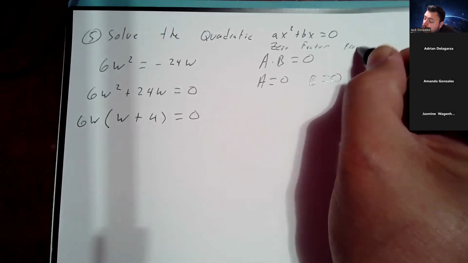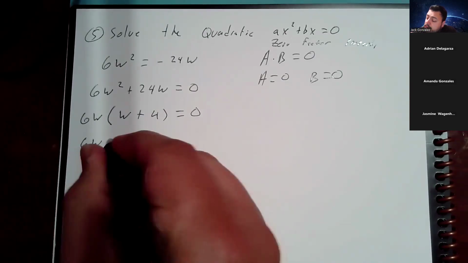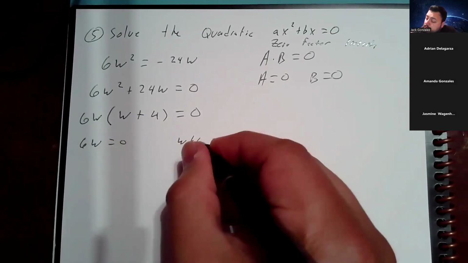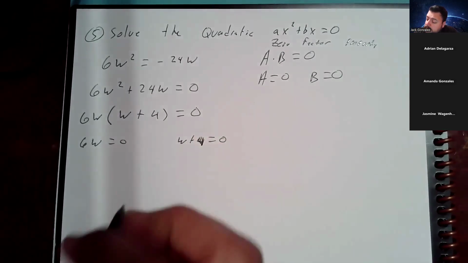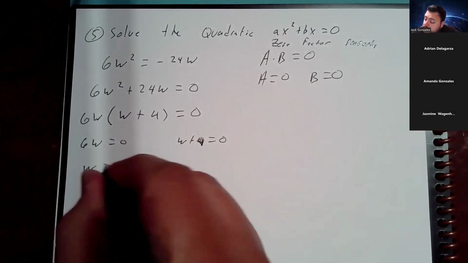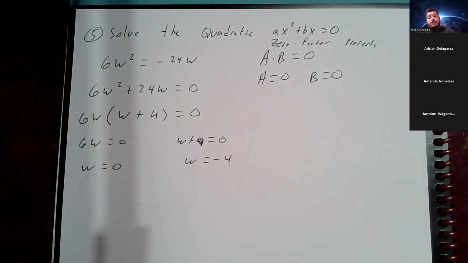Which is the goal, right? This is the only reason we care about factoring so much, is to do this, then solve. So W is 0, W is -4. Let's skip some minor algebra here and there, but do you have any questions on the algebra? Is this okay?